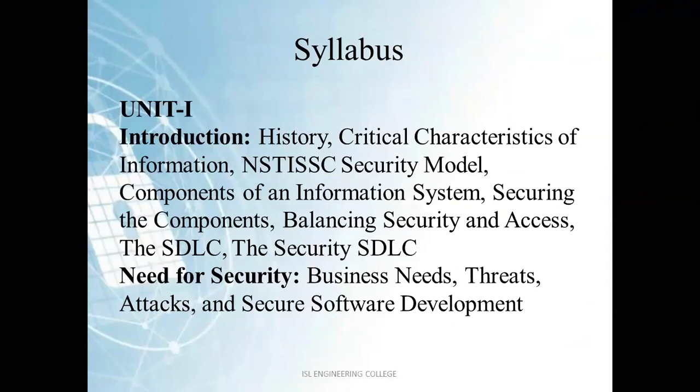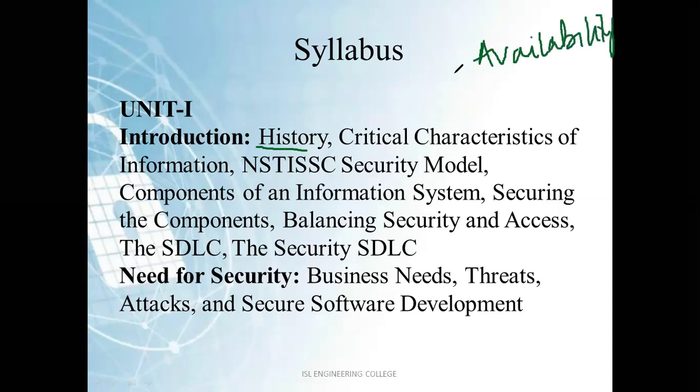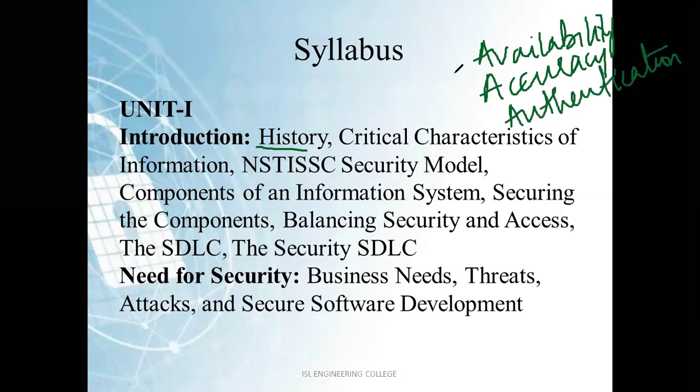The next is coming on to the syllabus. Within Unit 1, we are going to study the history of information systems: when the first mainframe computers were launched, and when it became necessary to control or secure this information. Then the different characteristics of the information: availability, accuracy, authentication, confidentiality, and integrity.